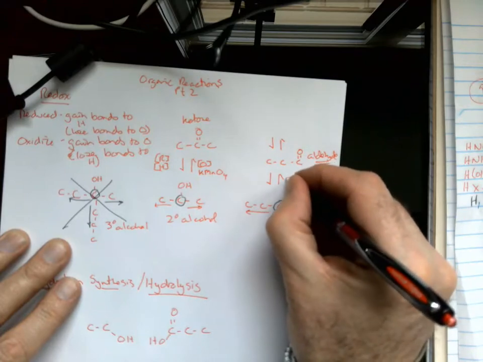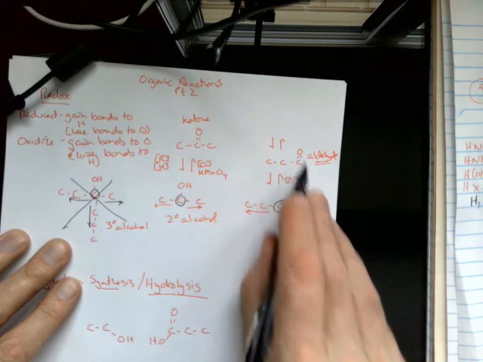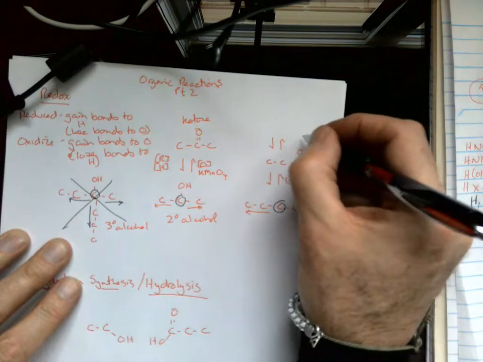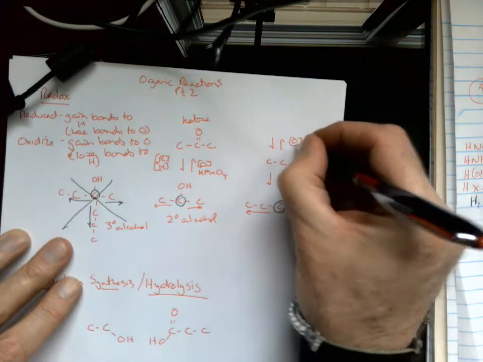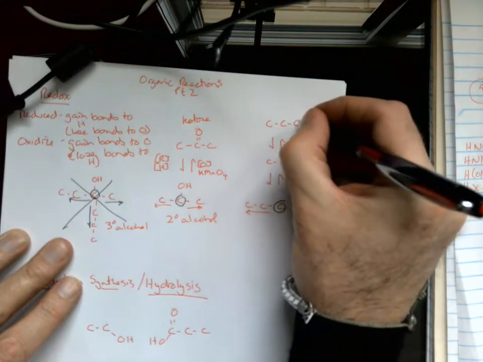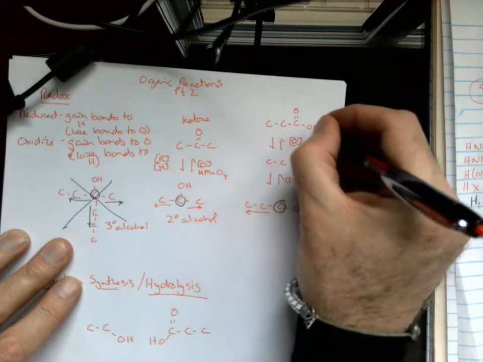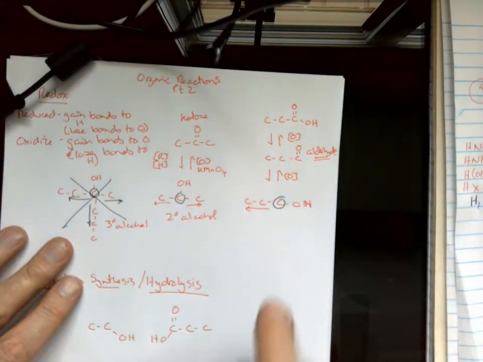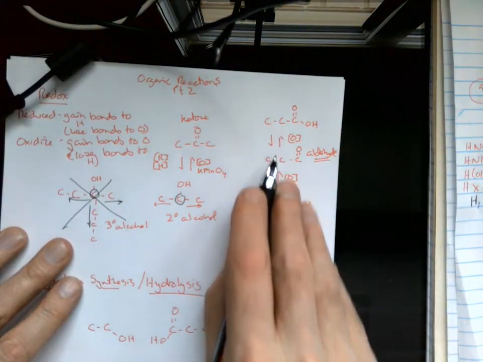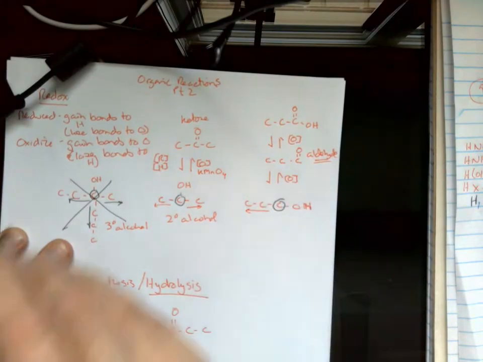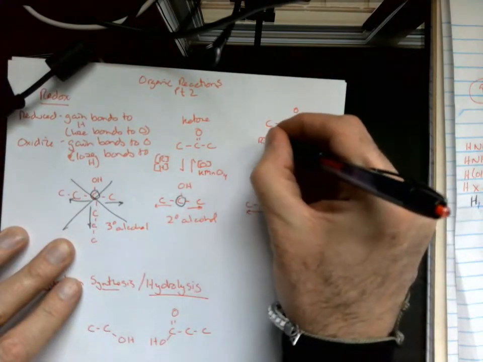This was oxidized, meaning more bonds to the oxygen here. If we oxidize this 1 more time, we will get a carboxylic acid. This is where it's important to know all your functional groups. Now we can reduce the carboxylic acid back down to an aldehyde and reduce that back down to an alcohol.